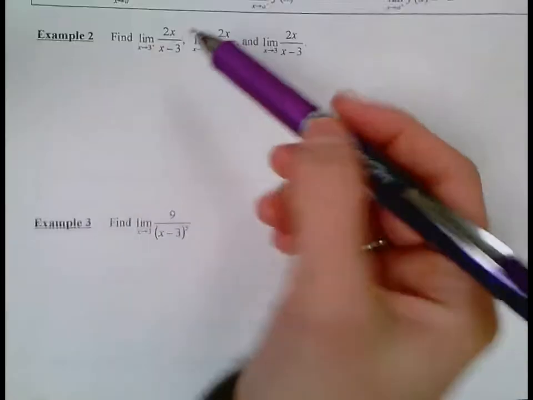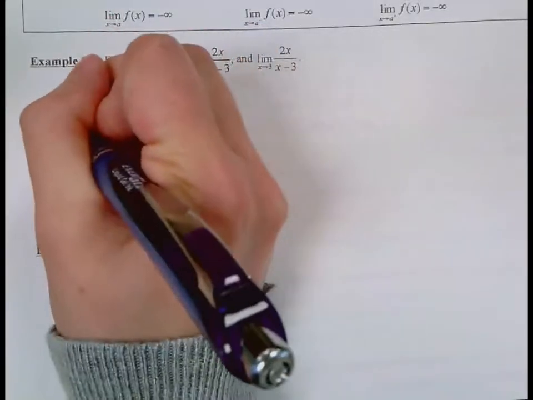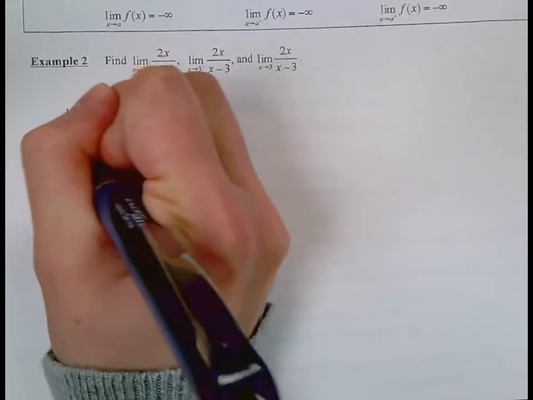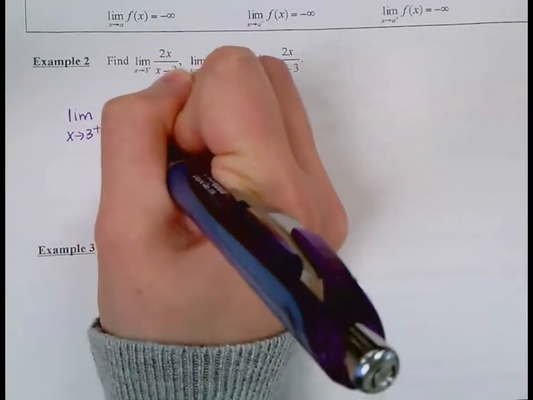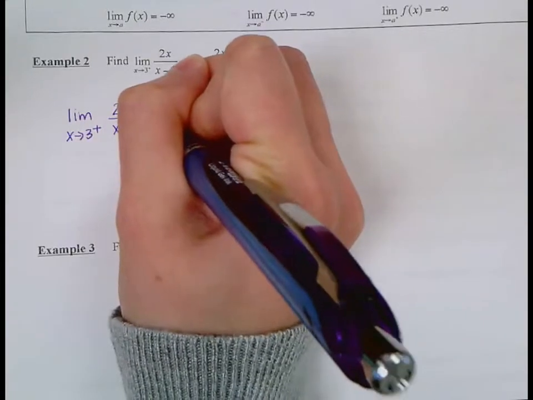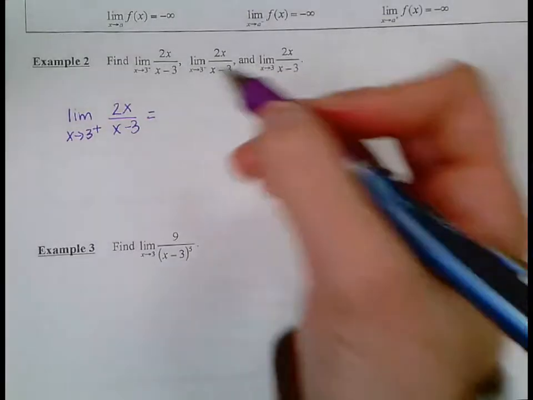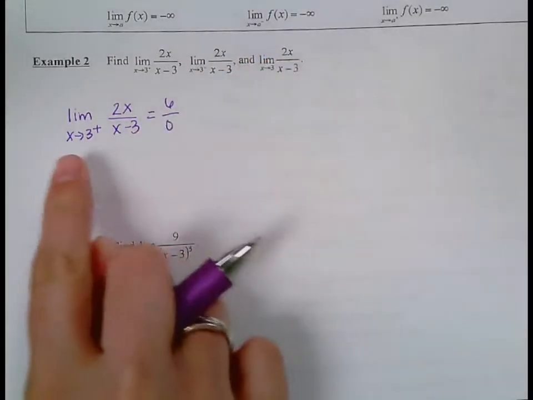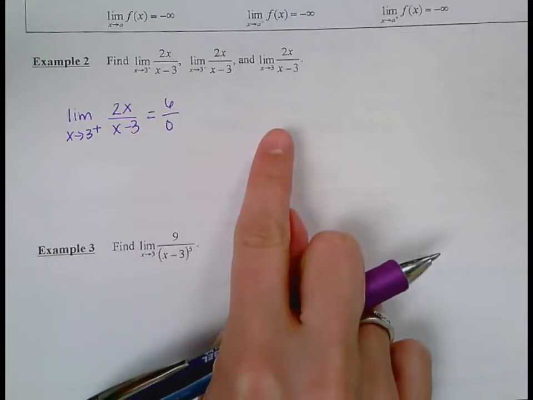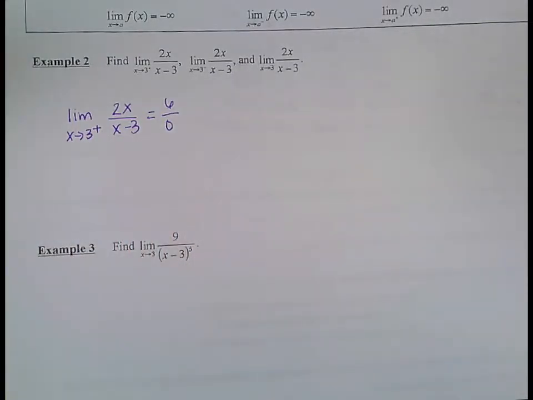So if we first look at the limit as x approaches 3 from the right side, you should still use direct substitution first. Yep, so we get 6 over 0.